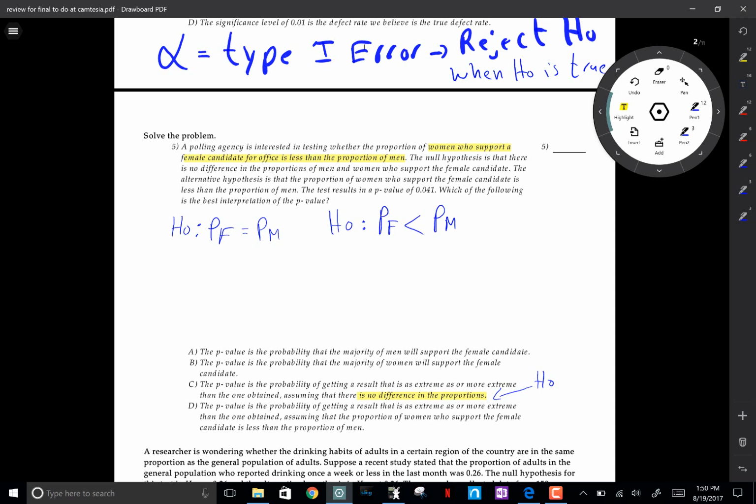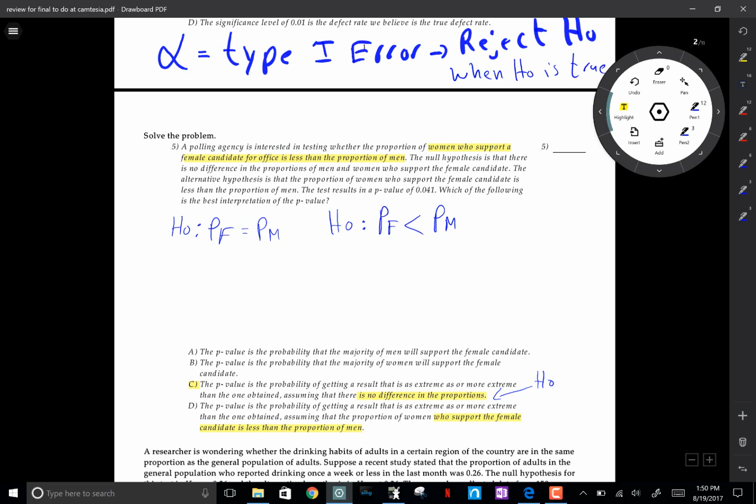If you look at D, it's exactly the same thing, but D is actually stating the alternate hypothesis. So remember, the p-value is saying that we get a value that is as extreme or more extreme than this value when the null hypothesis is true. Since C is actually referring to the null hypothesis that there is no difference in the proportion, C will be our final answer for this one.